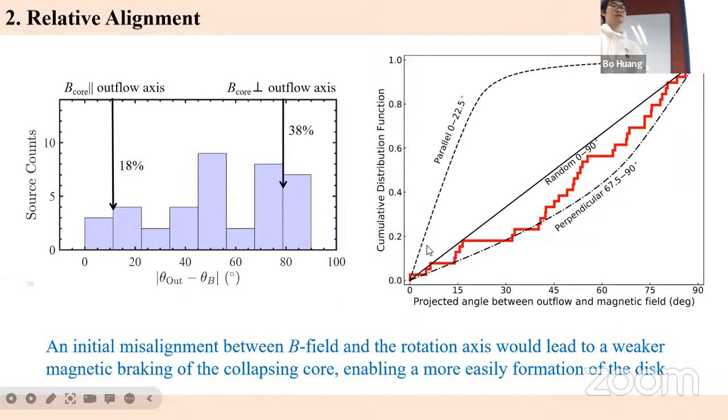The second is the relative alignment between the outflow and magnetic field. The initial misalignment between the magnetic field and the rotation axis will lead to less magnetic braking of the collapsing core, enabling an easier formation of the disk.